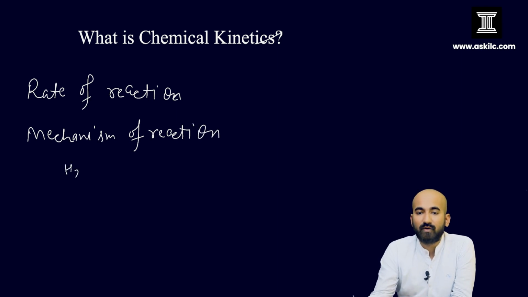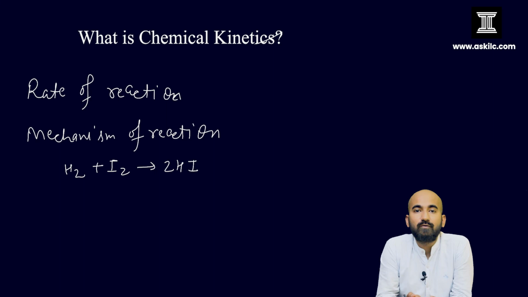Say for example, you can take H2 plus I2 giving you 2HI. This reaction seems very simple, but when you go into detail, you will see that this reaction is made up of 4 or 5 elementary reactions. What is an elementary reaction? We will postpone that for a later slide. So this reaction is not as simple as it seems. It is made up of 4 or 5 elementary reactions, and knowing about those reactions is what gives you the reaction mechanism.